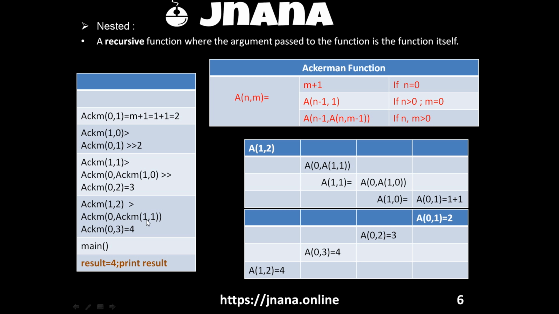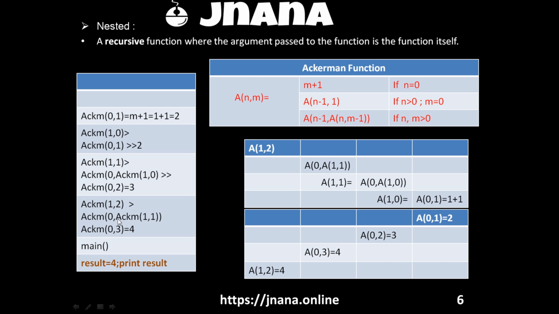N is 1, m is 2, m minus 1 is 1. So Ackerman of 1, 2 is nothing but Ackerman of 0, Ackerman of 1, 1. Here we have the value of Ackerman of 1, 1 as 3. So we have written the value Ackerman of 0, 3, that is equal to 4.